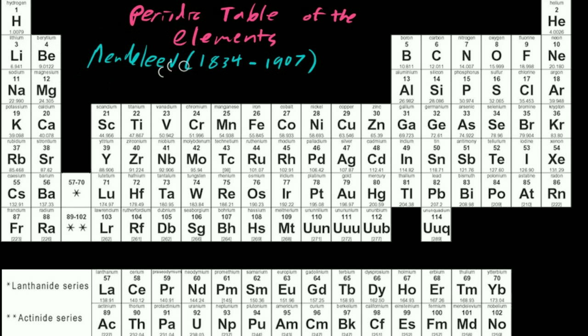Essentially, it's important to realize a couple of things about what he did. He said that if the elements are ordered in a certain way based on their increasing atomic mass, this number down here, so for hydrogen it's 1.0079, for helium it goes up to 4.0026, and we also have to do them in a certain way.